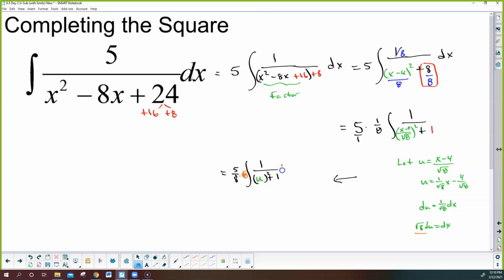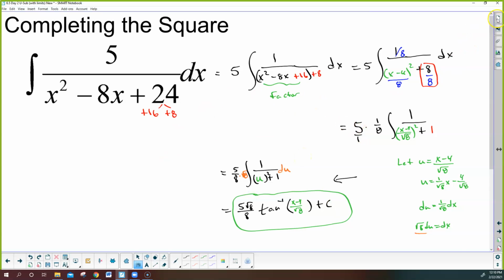The square root of 8 du, and this whole piece turns into the tangent inverse of u plus c, but we know what u is, x minus 4 over square root of 8. I don't think the homework is anything as ugly as this one, so if you follow this one, you're in a really good spot.